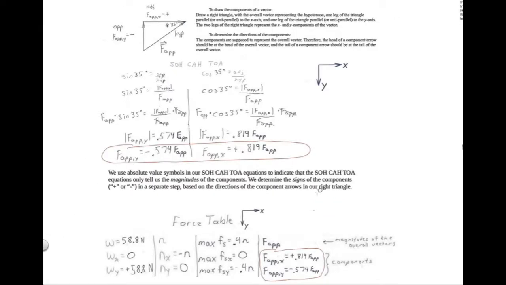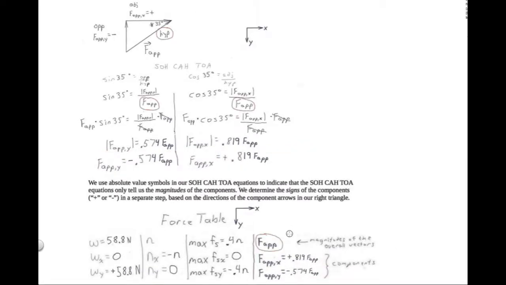Now we can record our results for the x and y components of the applied force in our force table. Notice that we do not have a number for the magnitude of the applied force, but that didn't hinder us from breaking the applied force into components. We simply used this symbol, F sub applied, to represent the unknown magnitude of the applied force.